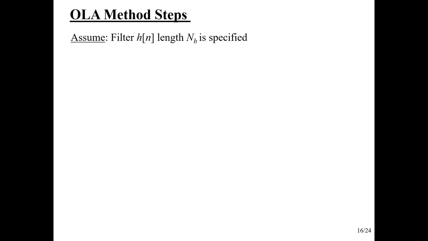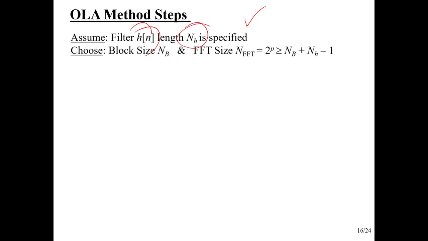So now we understand what we have to do, and we can lay out the algorithmic steps here. So we've got a filter. It's got a length NH, and we know what that is because we have the filter in hand. That's the filter we're trying to implement. Now our job is to choose a block size. We'll talk more about how we do that later, but we choose a block size and we choose an NFFT size.